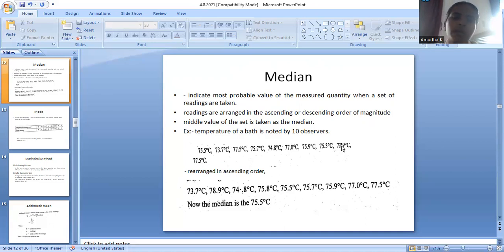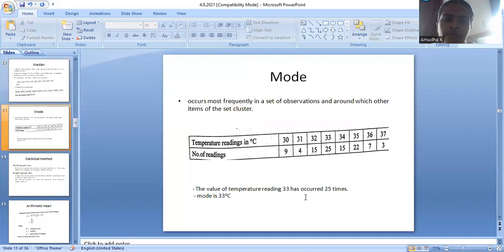After arranging these temperature values, the middle value is 75.5 degrees Celsius. So this is the median. The median is nothing but arranging the whole set of values in ascending or descending order, and the middle value is called the median.